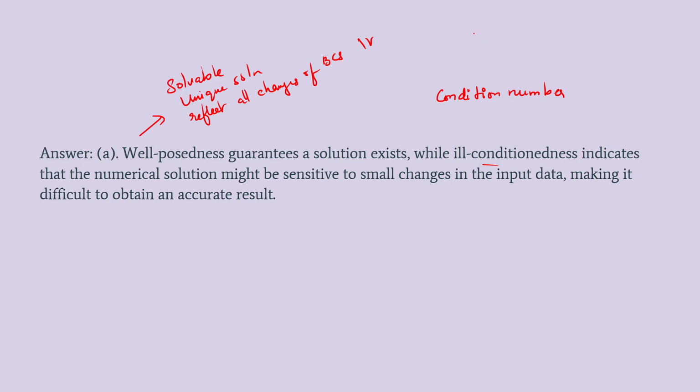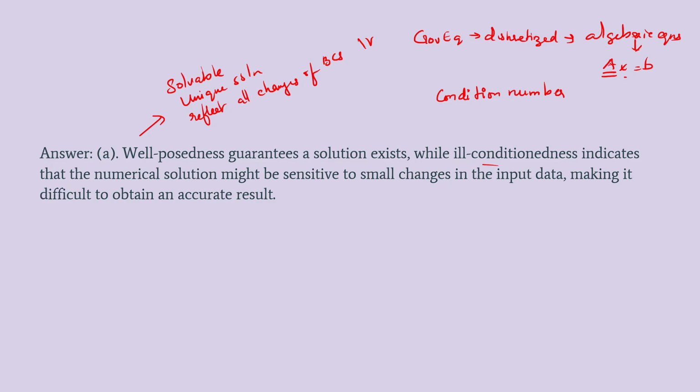When we discretize the governing equations, they become algebraic equations. This can be written in the form Ax = T, where A is the coefficient matrix of our unknowns.